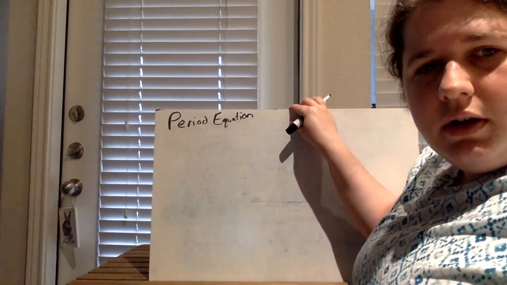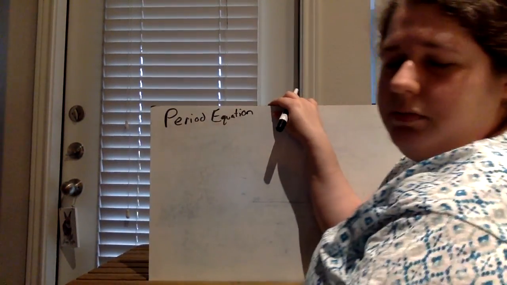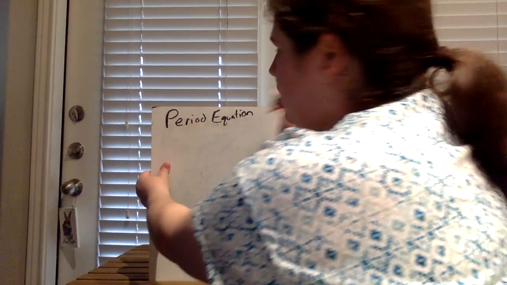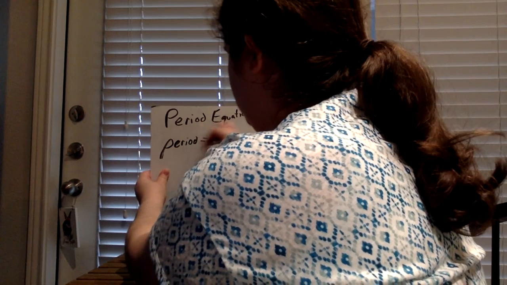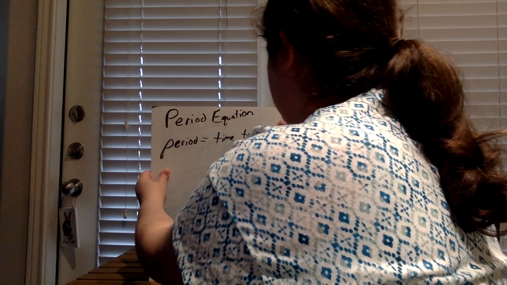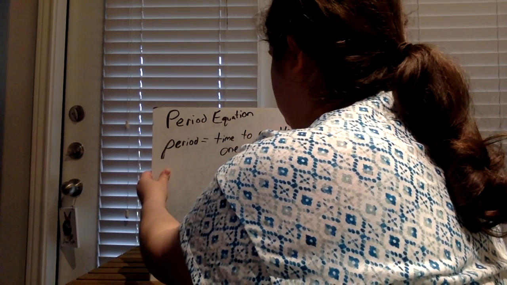And a period, in terms of a wave, basically is the amount of time that it takes to complete one cycle. So a period equals time to complete one cycle.